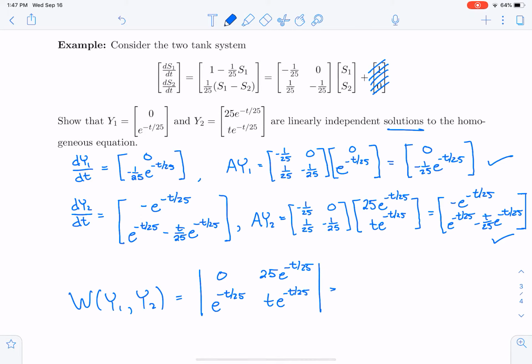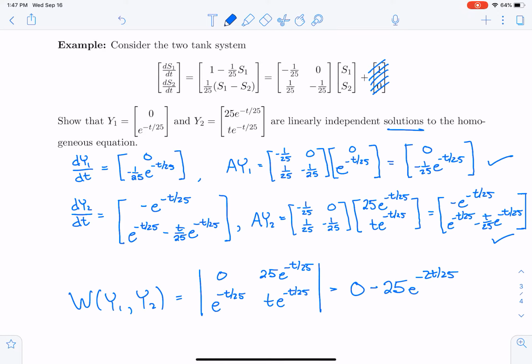Okay, so taking the determinant, doing the first diagonal, I'm going to get 0, and then minus, I'm going to get 25, and then I'm going to multiply e to the minus t over 25 times e to the minus t over 25. That's going to be e to the minus 2t over 25.